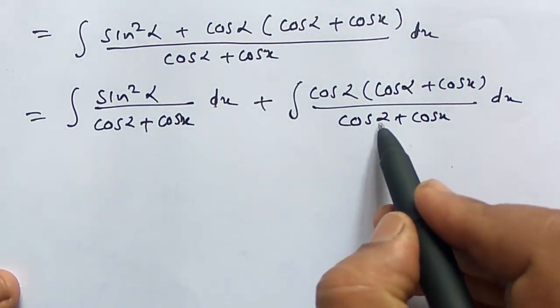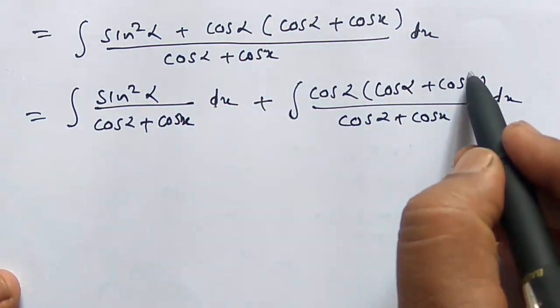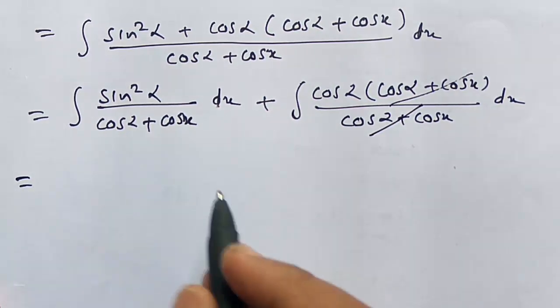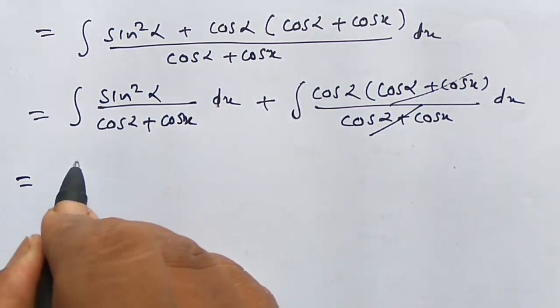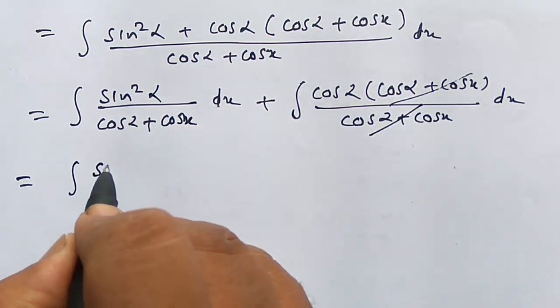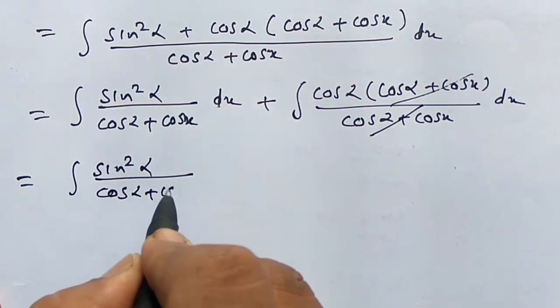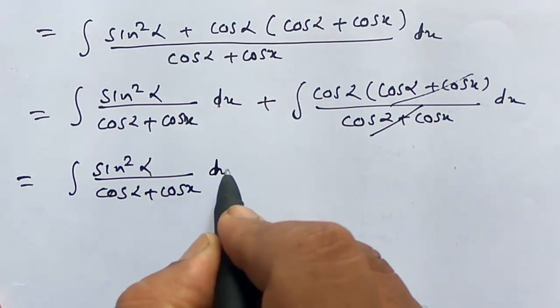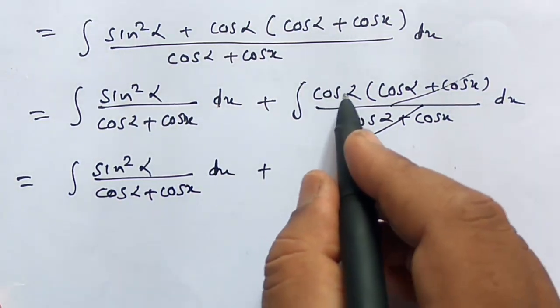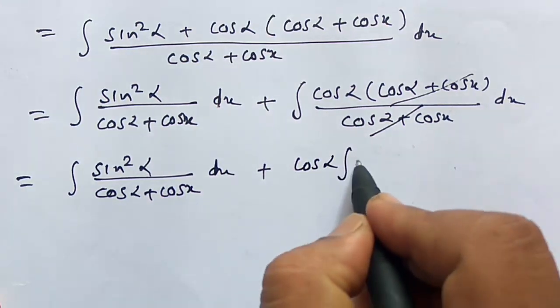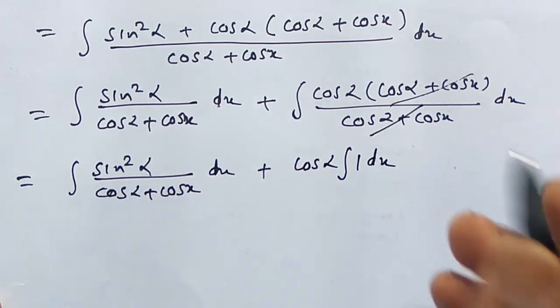Here the bracket cos alpha plus cos x and the denominator get cancelled. So this is equal to integration of sin square alpha upon cos alpha plus cos x dx plus cos x, alpha is constant, so it is cos alpha integration of 1 dx.